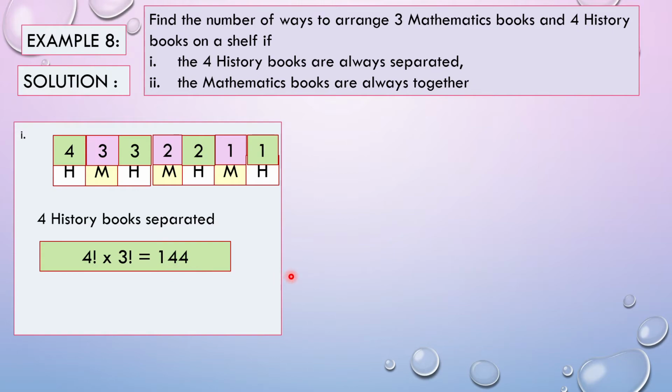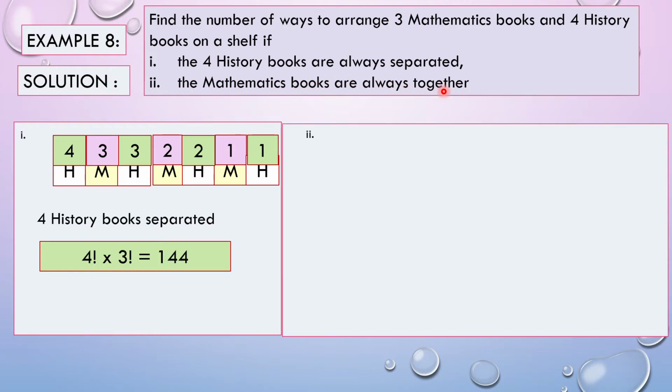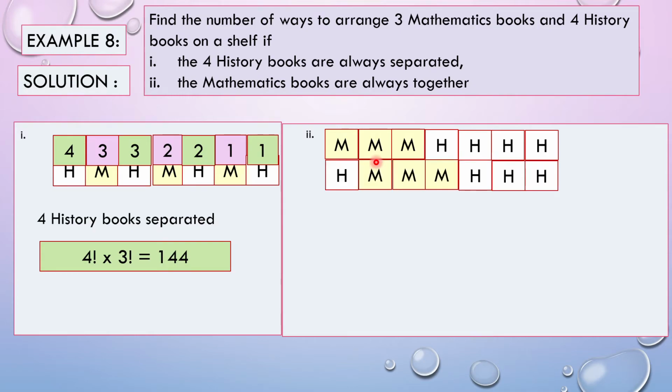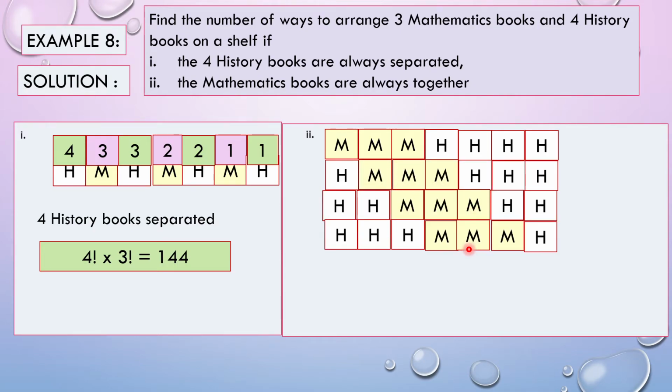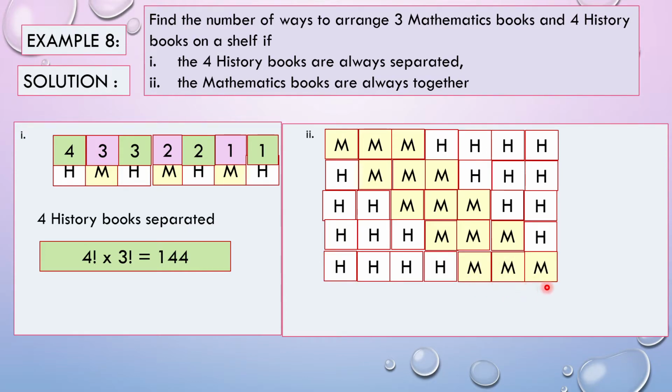Next question. The mathematics books are always together. Let's see the number of ways to arrange the mathematics books so that they are always together. These are the arrangements. So altogether we have 5 arrangements. So 5 ways to arrange so that the mathematics books are always together.